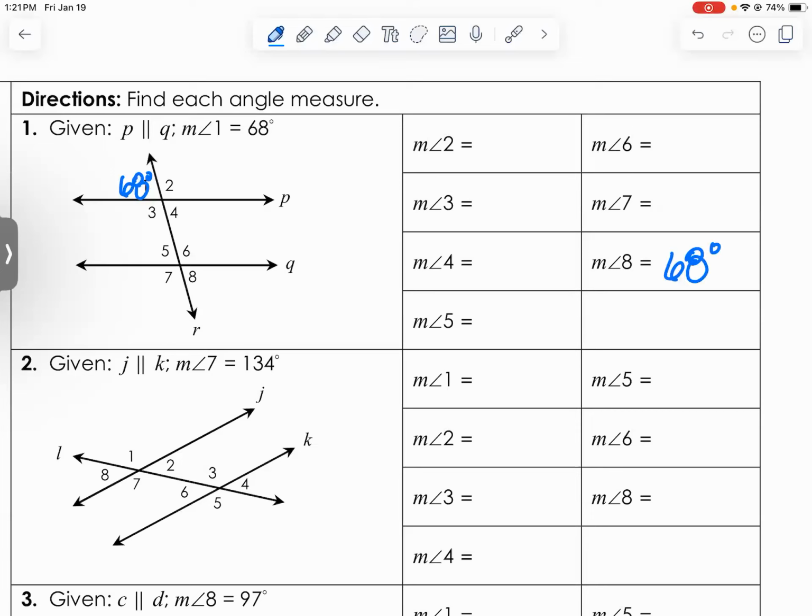Congruent would be a great word. Okay. Reagan, what kind of angles are 1 and 5? Angles 1 and 5 are corresponding, and we've decided that corresponding angles are congruent. So we know angle 5 is 68 degrees.